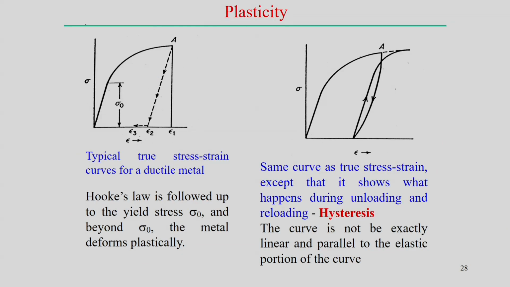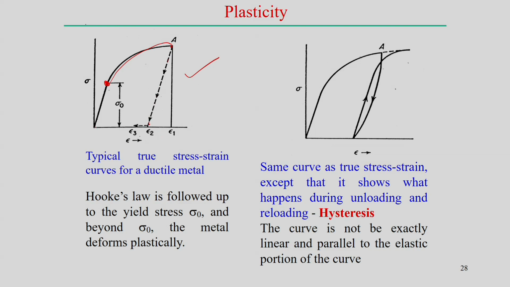For example, take the stress strain curve for a ductile material, which we have already discussed. Here we can see that sigma 0 is the yield stress value, and from here to here is plastic deformation. Now, at point A, if we remove the load, it will come back to this point.